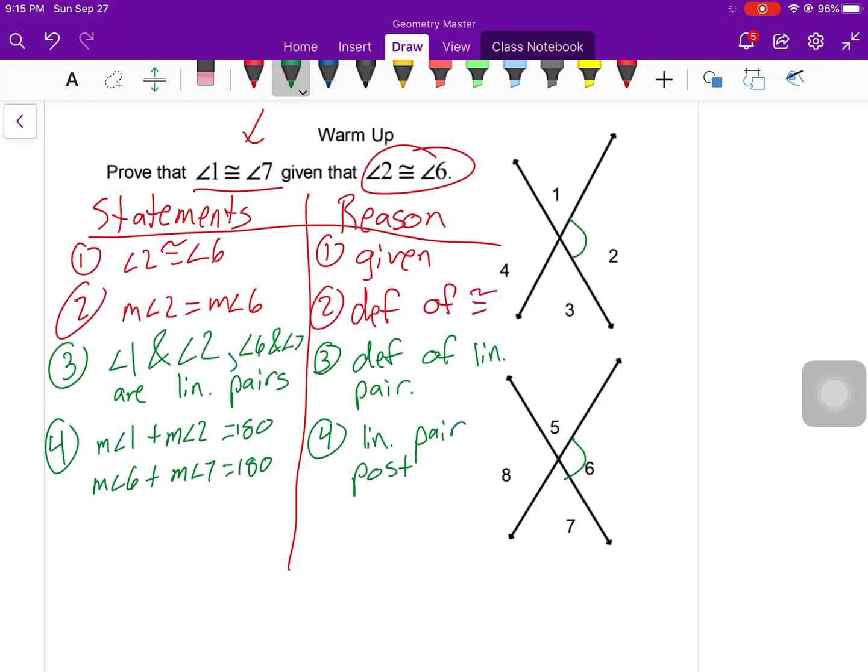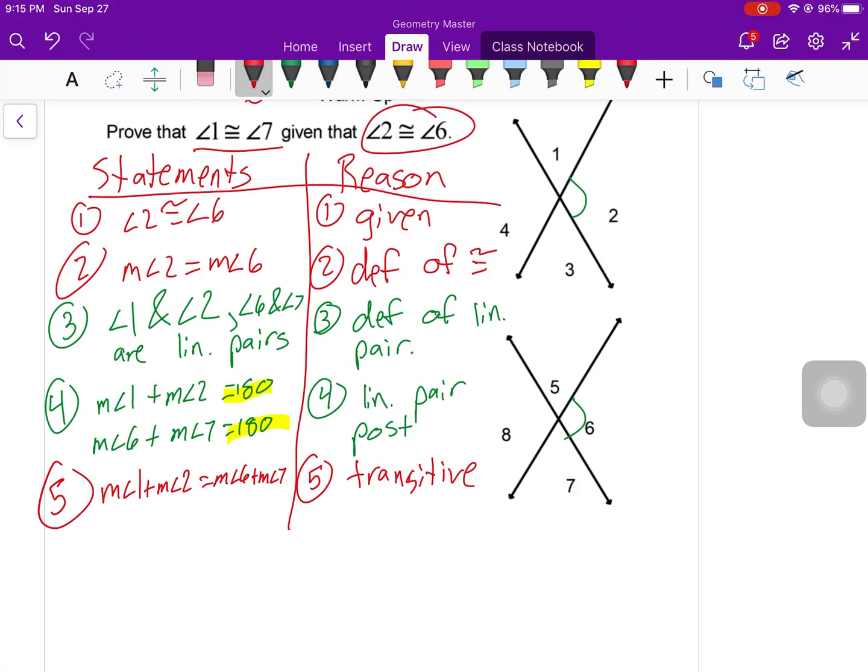So if two things are equal to the same thing, then they are equal to each other. So step 5: the measurement of angle 1 plus the measurement of angle 2 equals the measurement of angle 6 plus the measurement of angle 7. You could use the substitution property, but the transitive property is a better choice here.